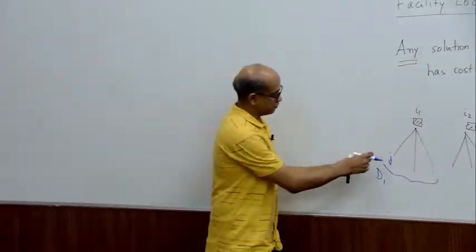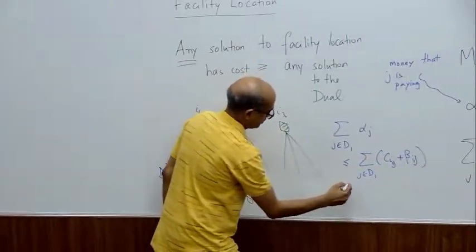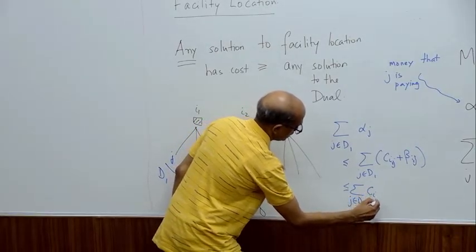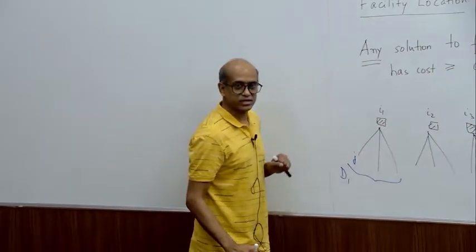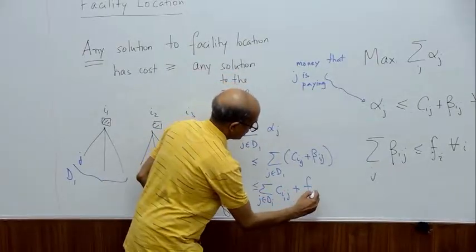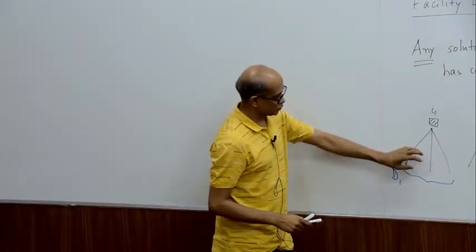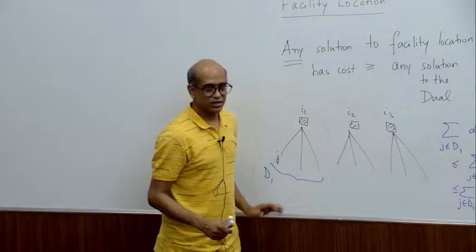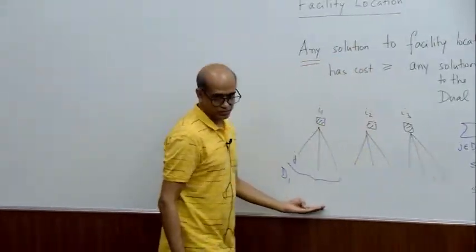So they have all paid at most this plus some money here. So I break these two apart. This is the sum over j in D1 of c_i1j plus the extra account that each has got, but that cannot exceed f_i1. So the total money these guys pay is at most the connection cost plus the opening cost, and this is the same for everybody. So you add it up, and the total money everybody pays is at most the cost of the solution.